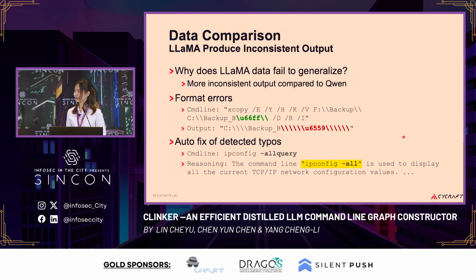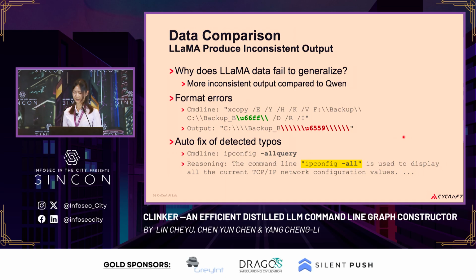Then you might think, but why is Llama having overfitting issues despite better reasoning? One possible reason might be that more format errors are generated with Llama for parsing data compared to Qwen. For example, Llama might make copying errors when copying Unicode characters from the input command line to the output result.